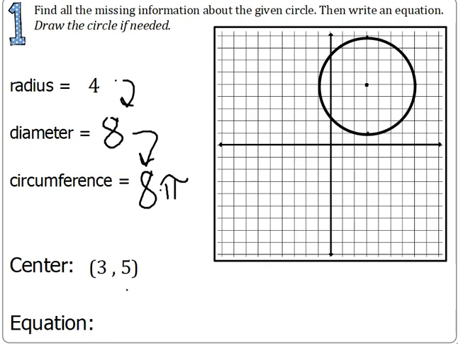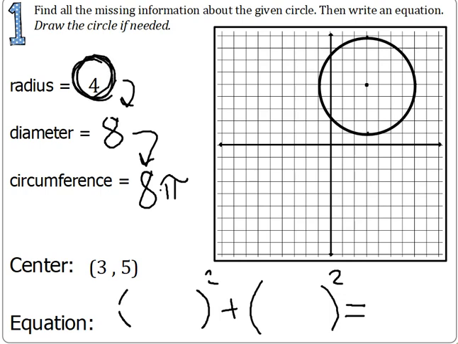I know my equation will have an open, a closed, a squared, plus open, closed, squared, and oh, sorry, not plus. I got all happy, equals. And I know that the standard form says it equals the radius squared. Well, my radius is 4. 4 times 4, 16. In this parentheses, we'll have my x term. In this parentheses, we'll have my y term.